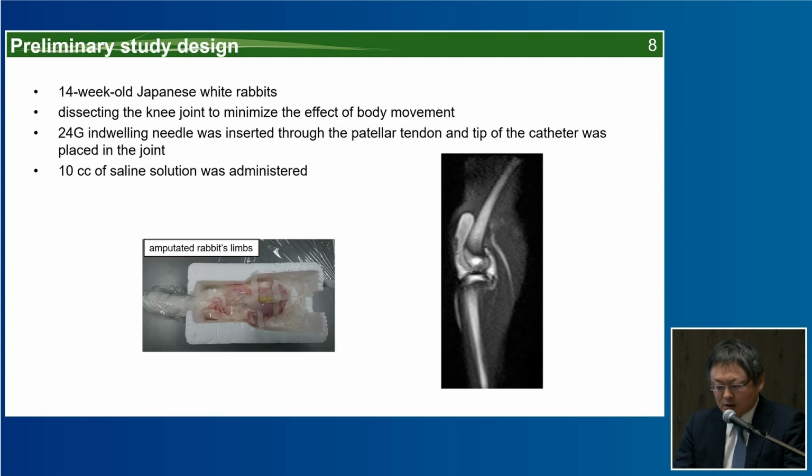This is a preliminary study design. We stabilize the dissected knee joint and insert a needle in it. And then 10 cc of saline is first injected into the joint to expand the joint cavity, and subsequently labeled water was injected.